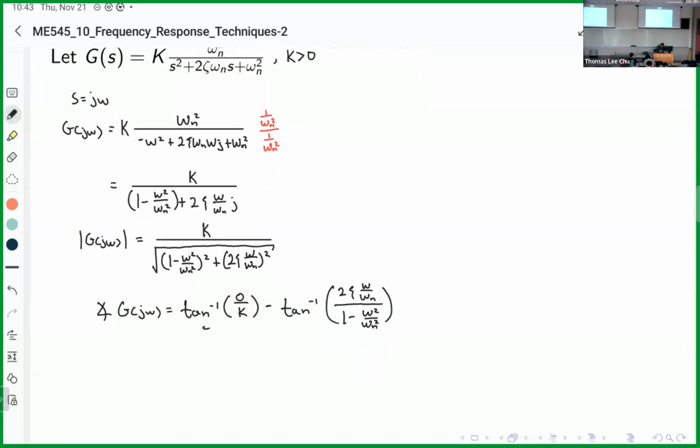And this is just equal to 0. Any questions?